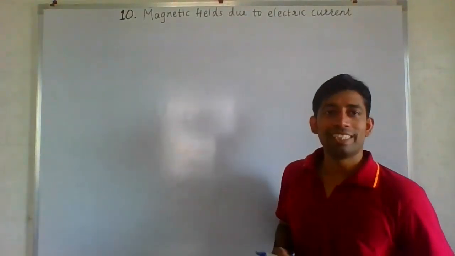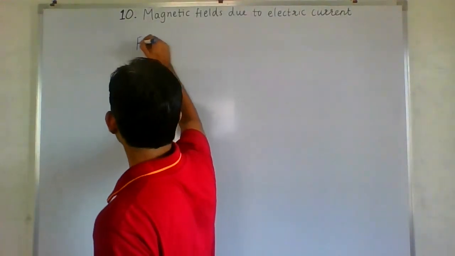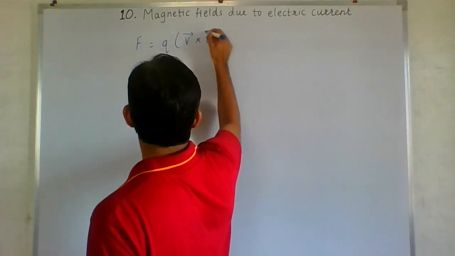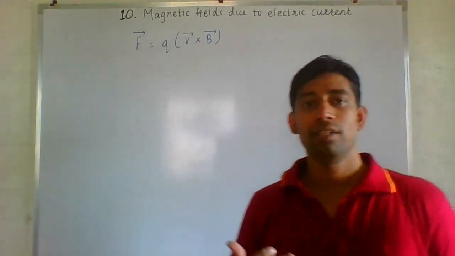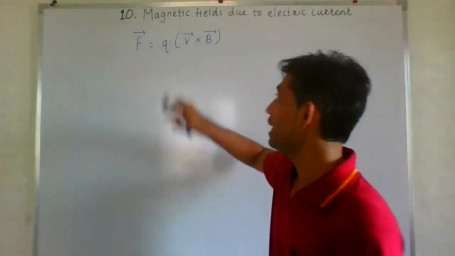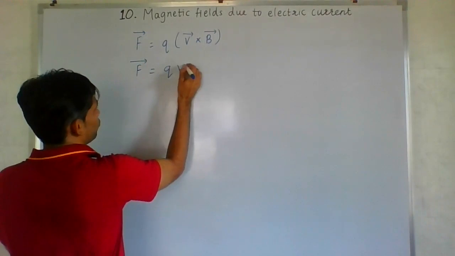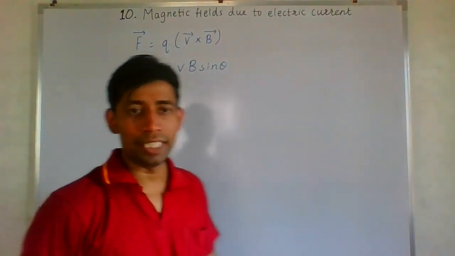So students, using that formula of F is equal to qVB, we will try to understand magnetic induction in a bit more detail. This I can write as F is equal to qVB sin theta.